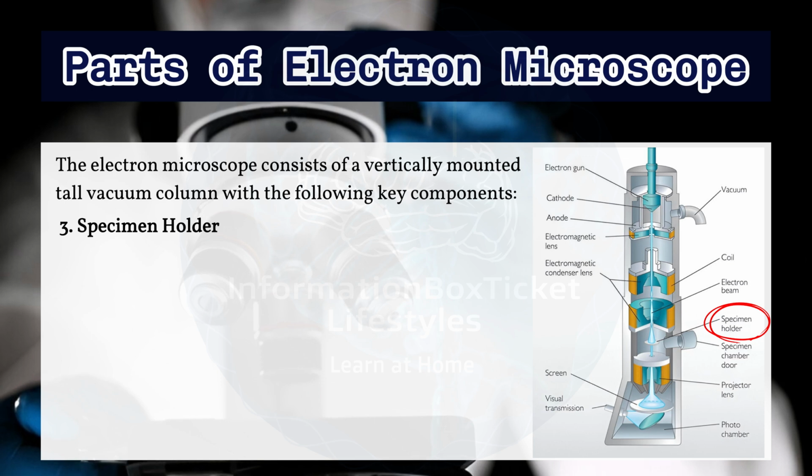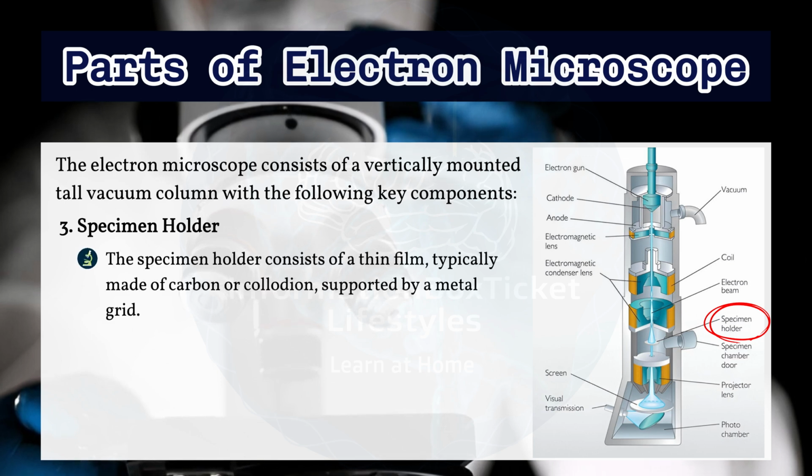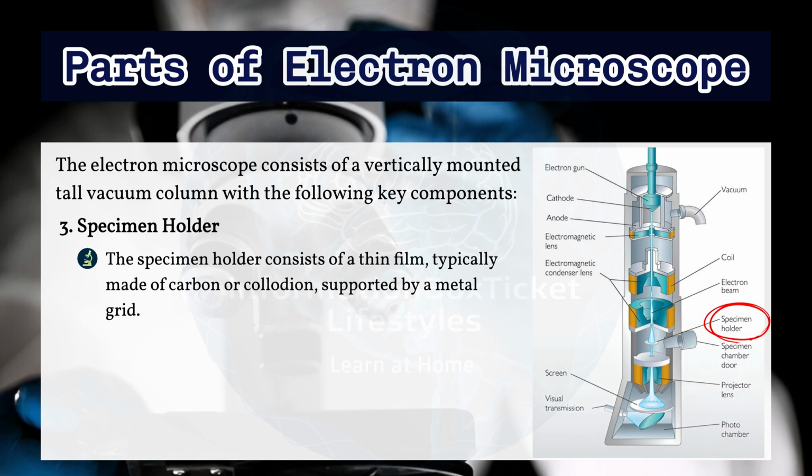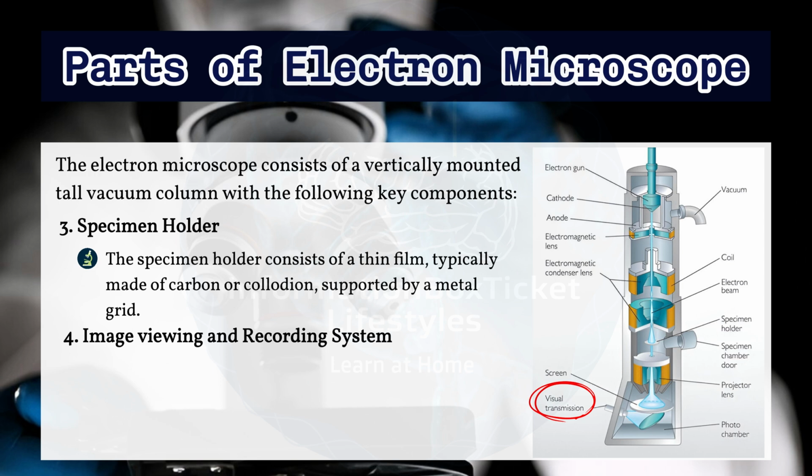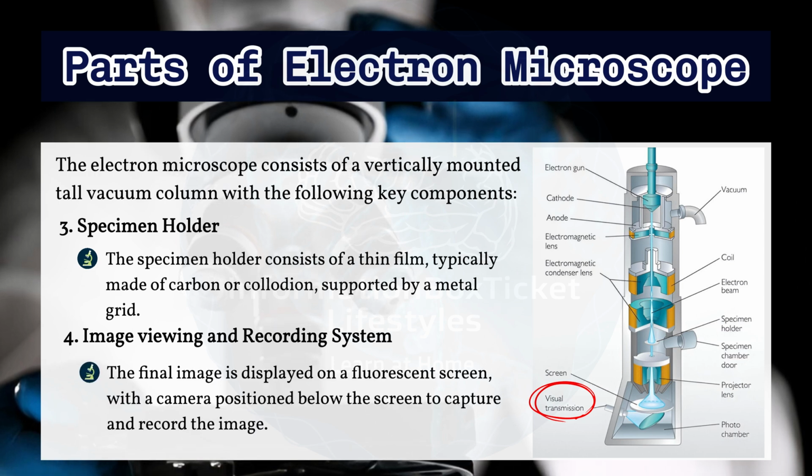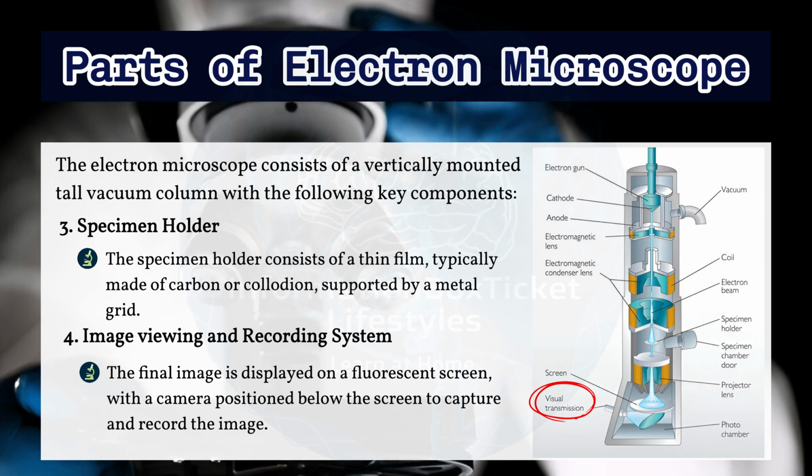Specimen holder. The specimen holder consists of a thin film, typically made of carbon or collodion, supported by a metal grid. 4. Image viewing and recording system. The final image is displayed on a fluorescent screen, with a camera positioned below the screen to capture and record the image.